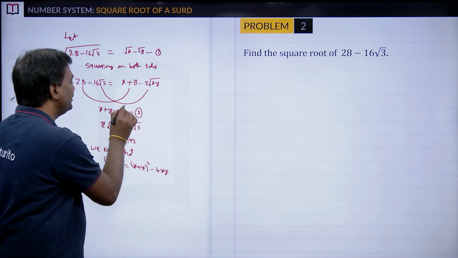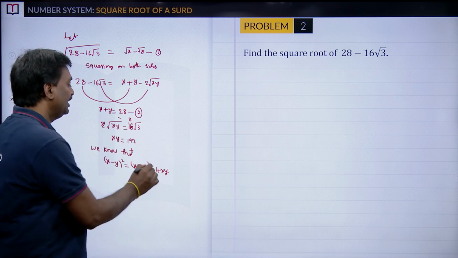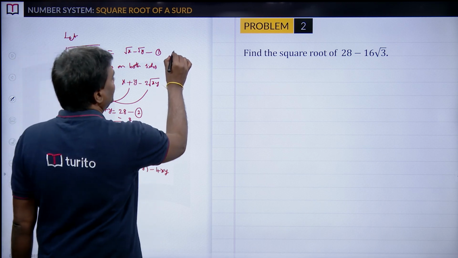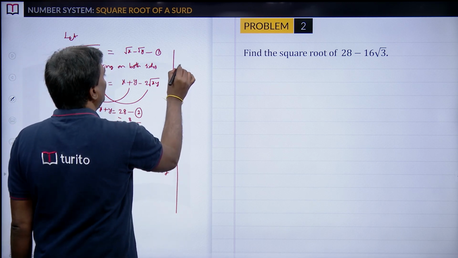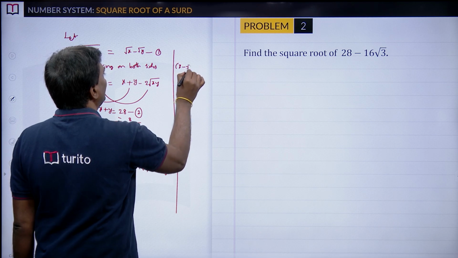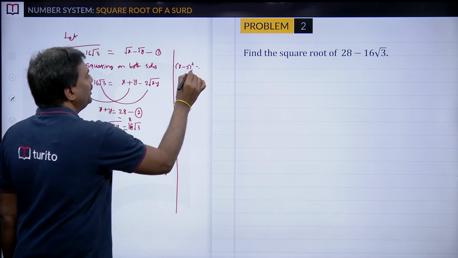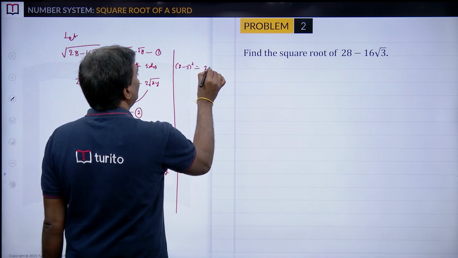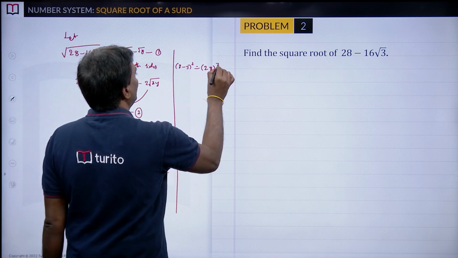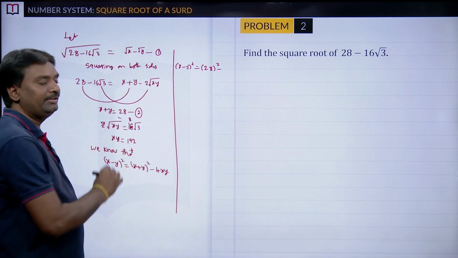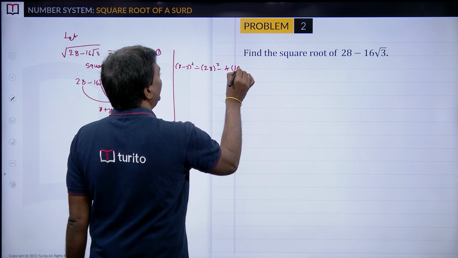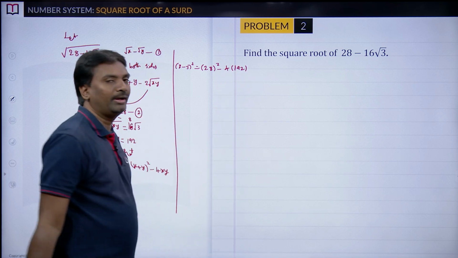In place of x plus y we can write 28, and in place of xy we can write 192. So x minus y whole square equals 28 whole square minus 4 into 192.